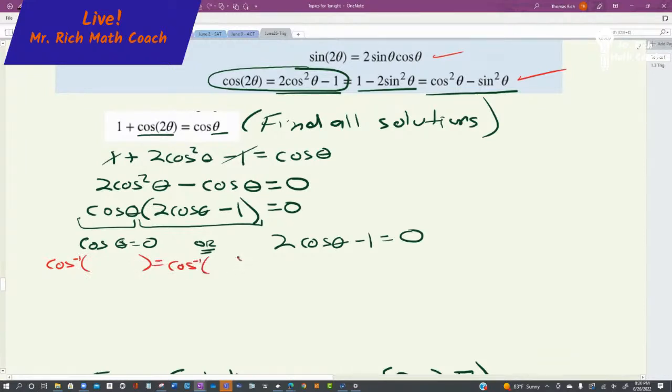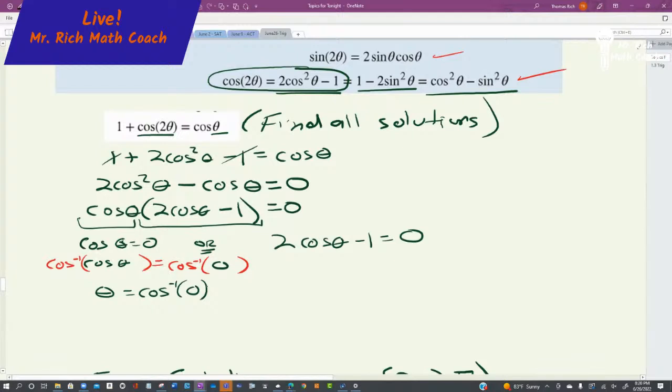So let's not forget that. What I'm really doing from an algebra standpoint is taking the arc cosine on both sides of this equation. The arc cosine of cosine is theta, leaves me just the argument theta.